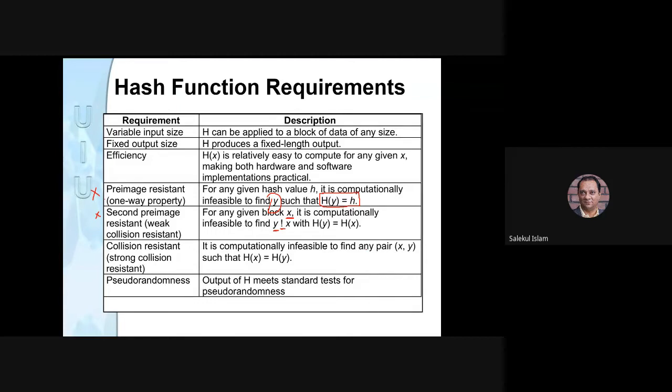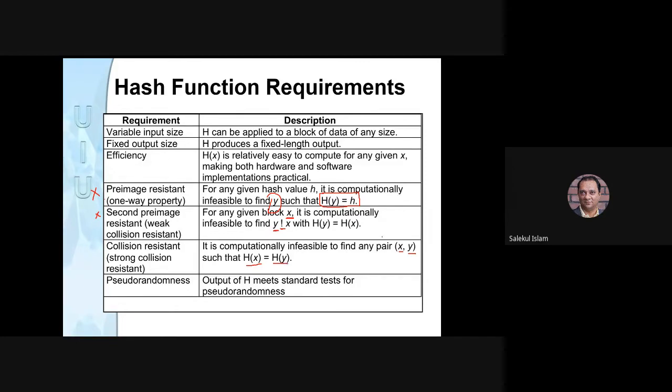No hash value, no message, nothing is given. The attacker will find a pair by himself. The attacker will find x, and also find y, such that h(x) will be equal to h(y).